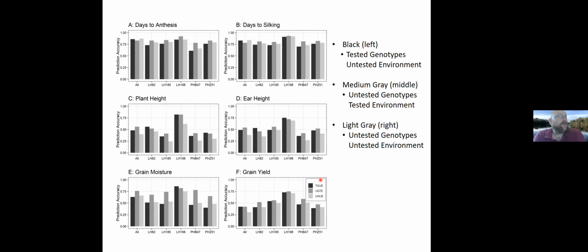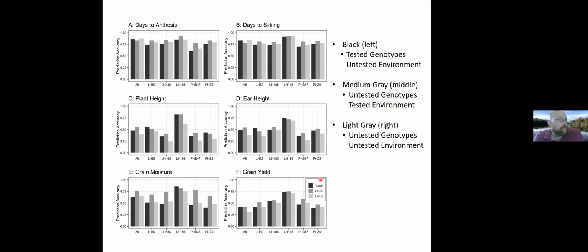This is an overview of all the traits and all the subpopulations. The black bars are the 1 to 2, tested genotypes and untested environments. The medium gray bars in the middle are 1 to 3, untested genotypes and tested environments, and the light gray bars on the right are 1 to 4.